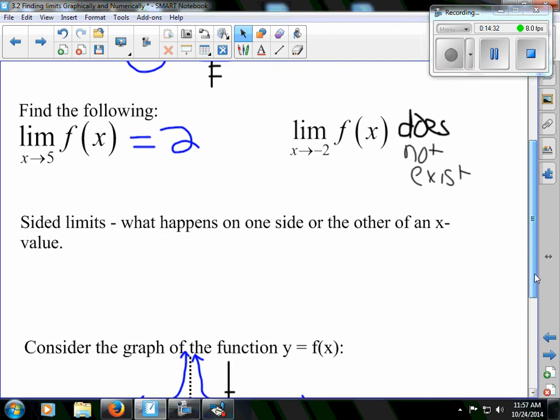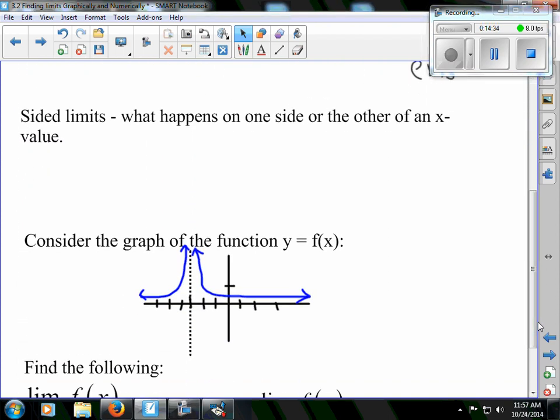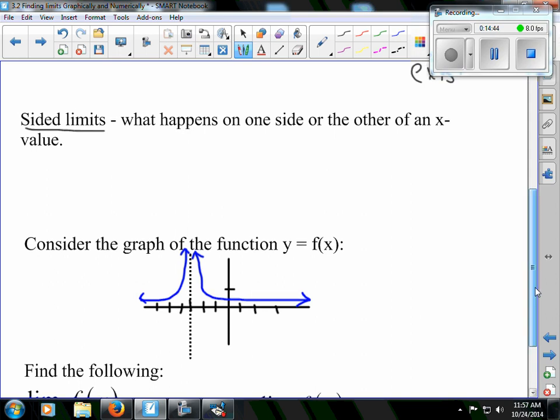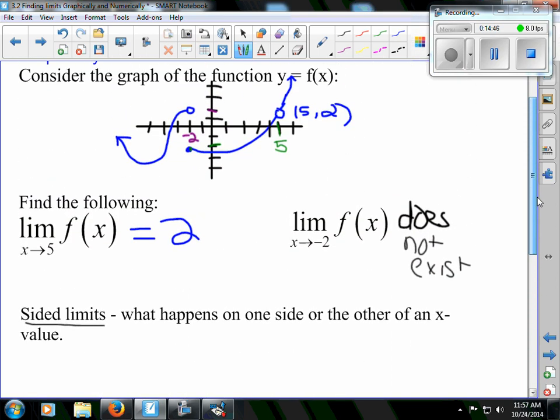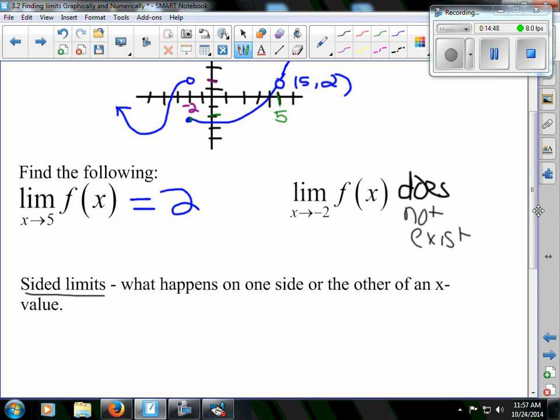And here's where we're jumping ahead a little bit. We do talk about something called a sided limit, which is what happens on one side or the other. We'll talk about this a lot more in a few sections from now. The limit as x approaches negative 2 from its left side, I'm putting a little superscript minus sign to denote from the left side.